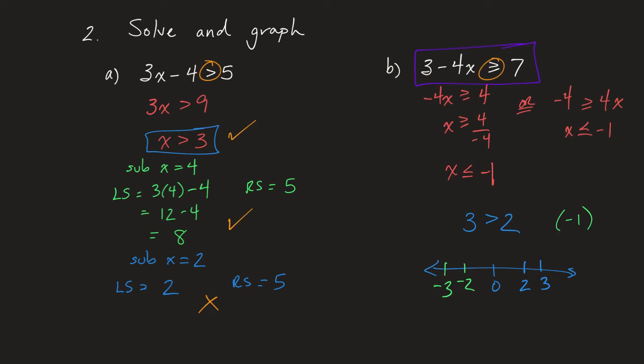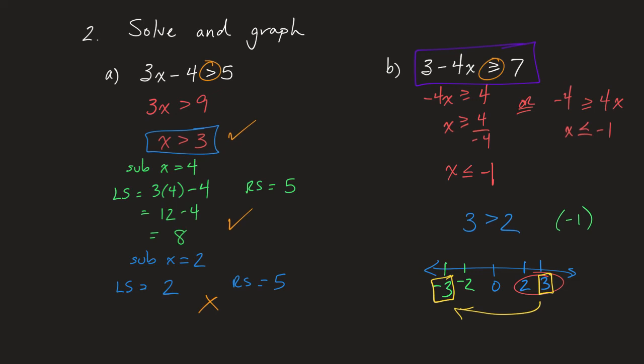I want you to notice that I took 2 values that had a relative place. 3 is greater than 2 because 3 is further to the right than 2 on our number line. But anytime I multiply that by a negative, I am reflecting that to the other side of my number line. So anything that was further to the right is going to become further to the left after that reflection.